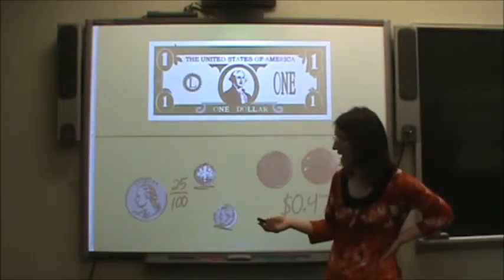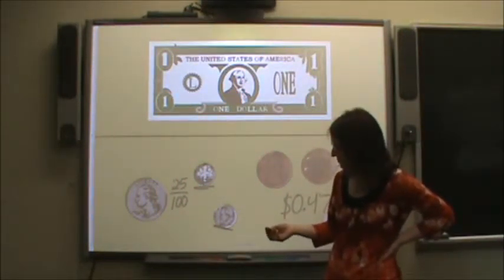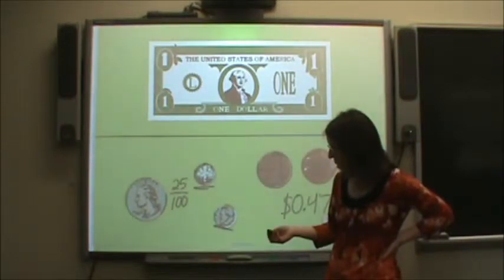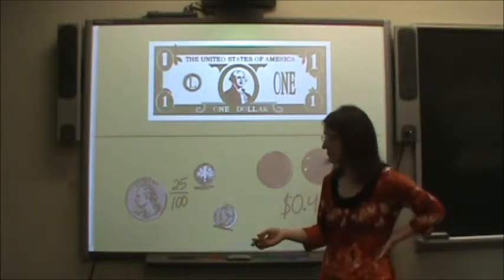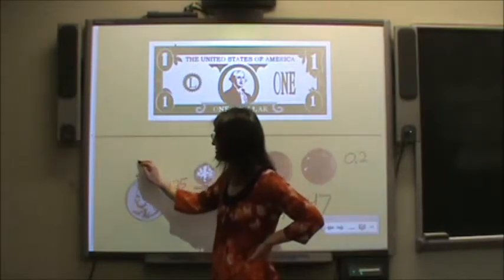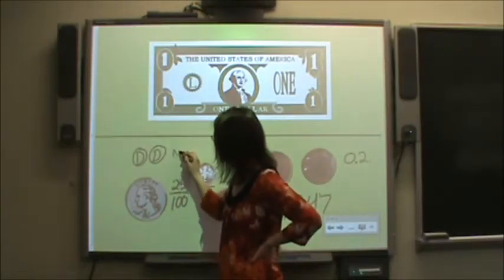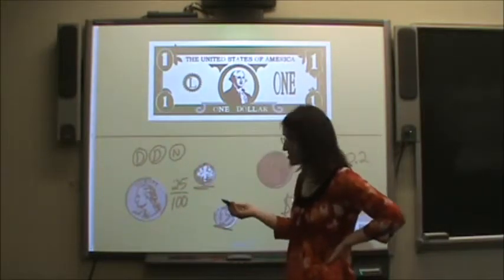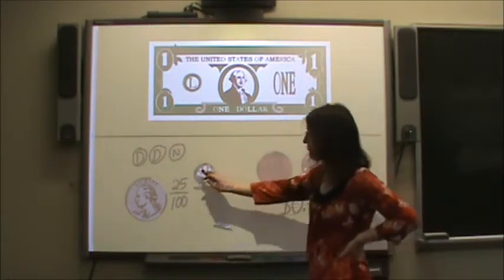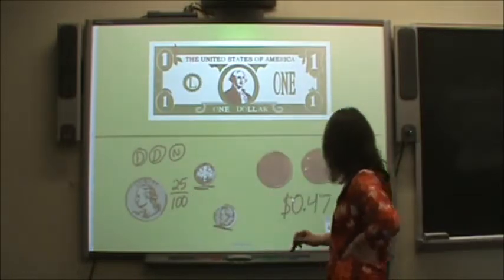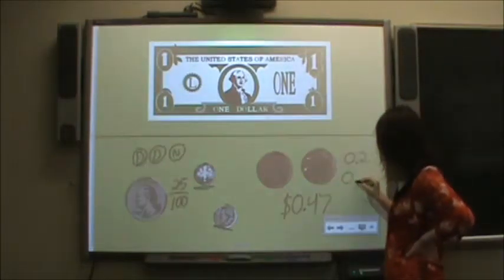How do I make that a decimal? Well, I'll break it apart. I'll think of it as 2 dimes and a nickel. Okay, that's not so bad now. So I have now 4 dimes. So that's going to give me 4 tenths.